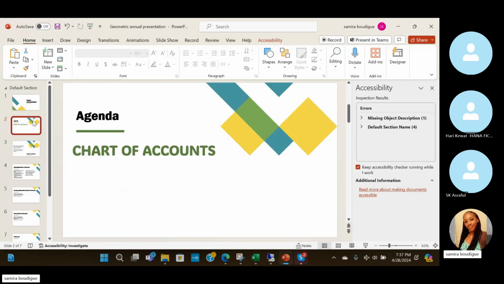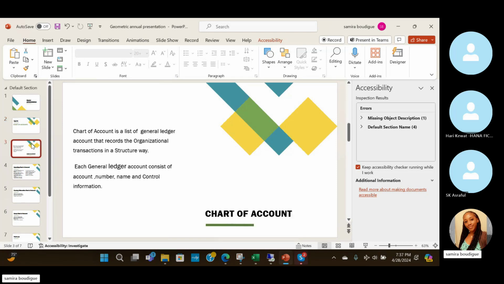Okay. So today we're going to be talking about chart of accounts. A chart of accounts is a list of general ledger accounts that records the organization's or a company's transactions.